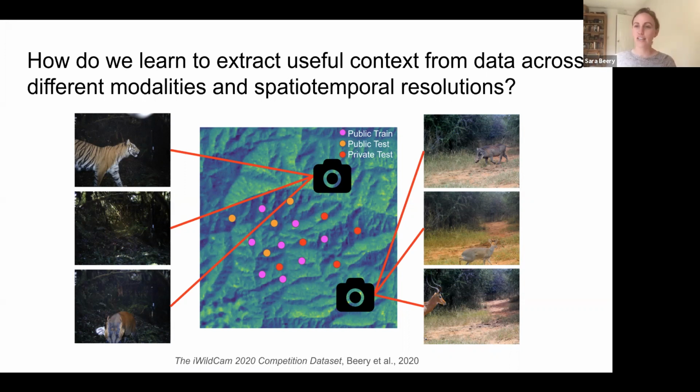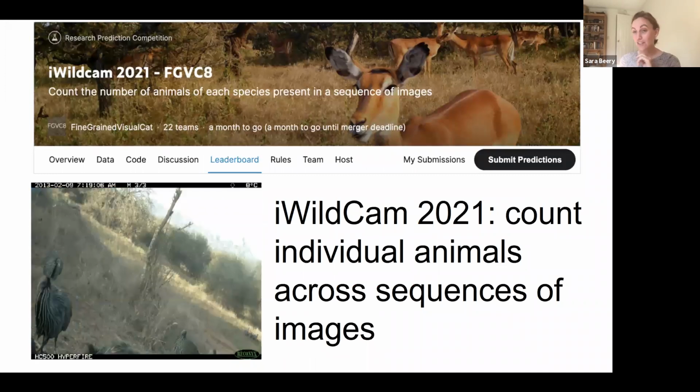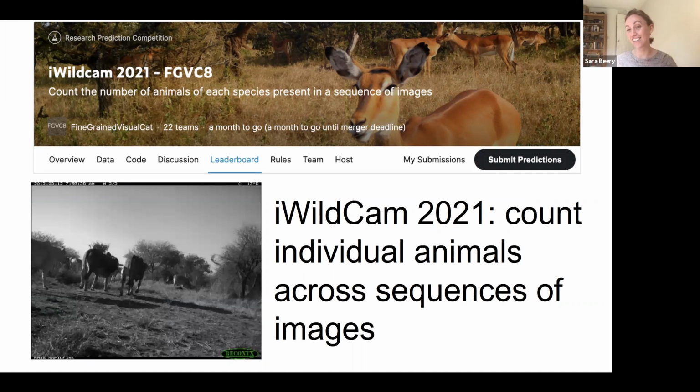And so last year, in addition to just providing the camera trap data, we also provided satellite tiles for each of the camera traps with the hope that we would be able to start building models that are able to learn to take context maybe from not just the images within one camera, but these satellite images. And this year we've extended that competition even further to answer a new, very challenging ecological question.